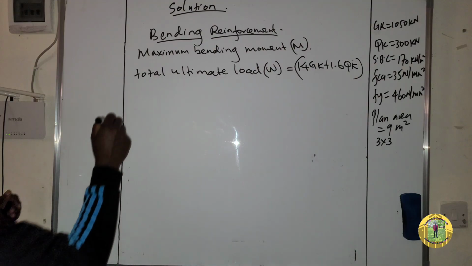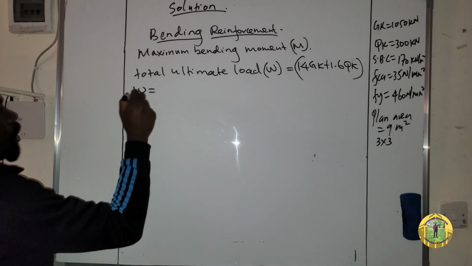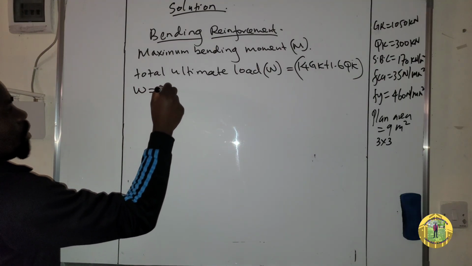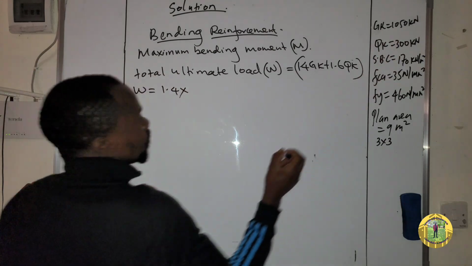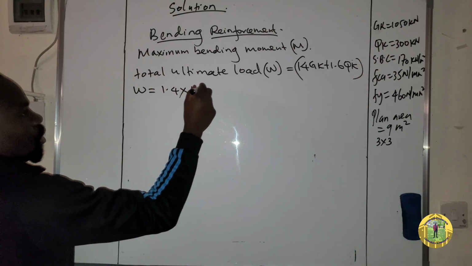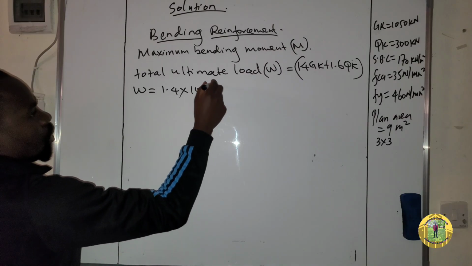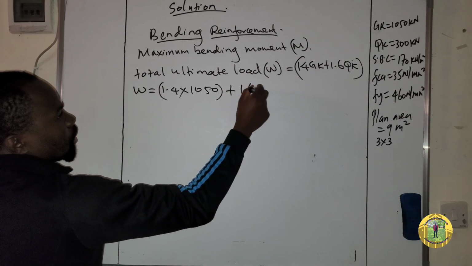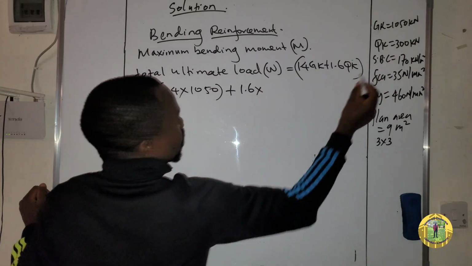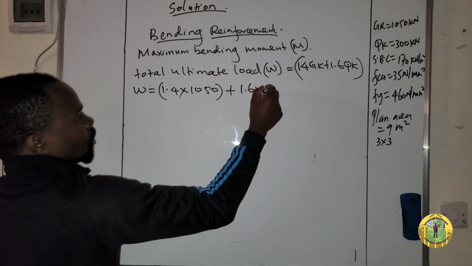So W is equal to 1.4 times, we will use this one, 1050, plus 1.6 times 300.